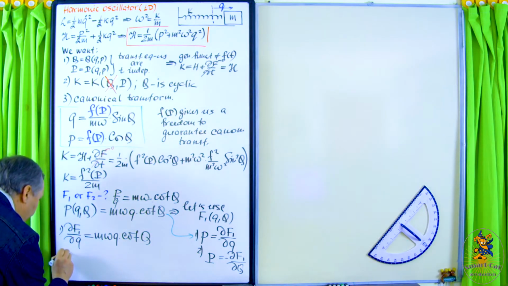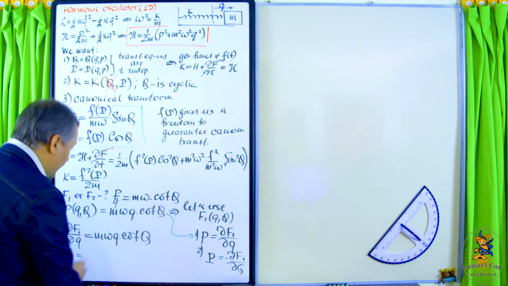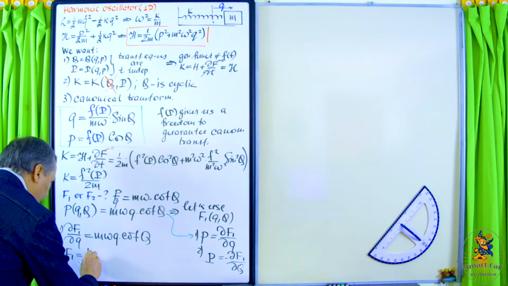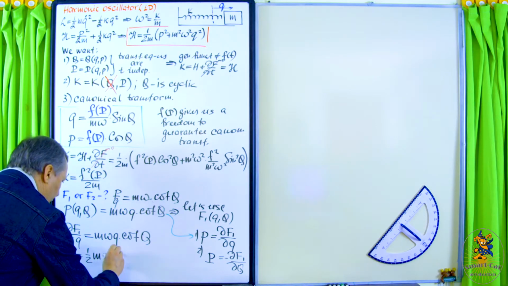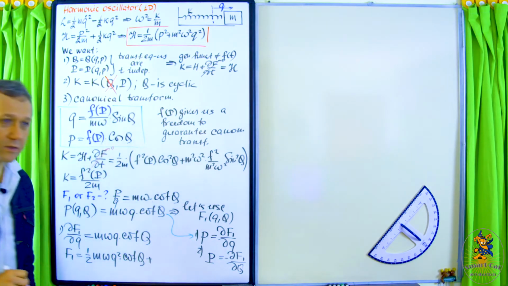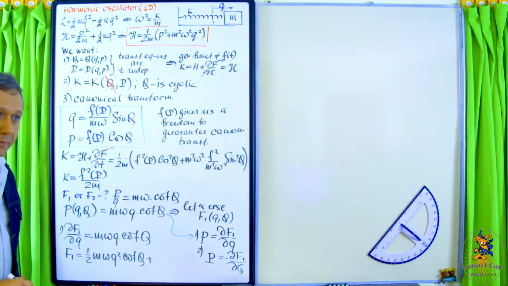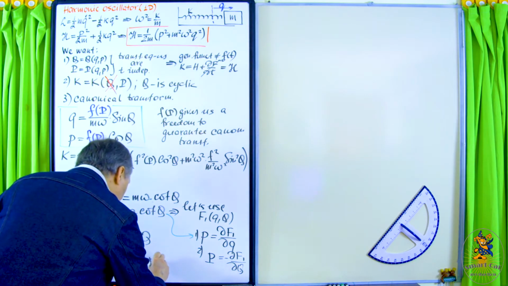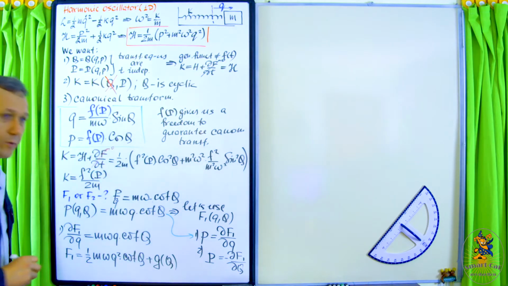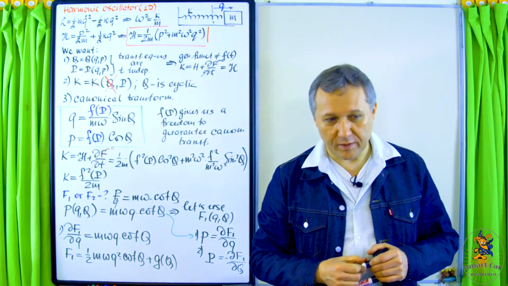So f1 will be equal to, again, q capital treated as constant, so it's only q here, 1 over 2 m omega q squared cotangent of q capital, and plus now the constant is not going to be just a constant, it will be a function of q capital because we have a partial differential equation. So plus some function g, which is a function of q capital. We used equation number 1, so we satisfied equation number 1.